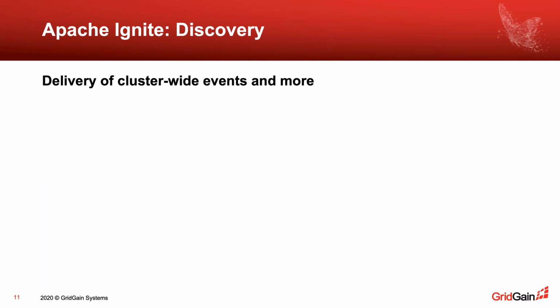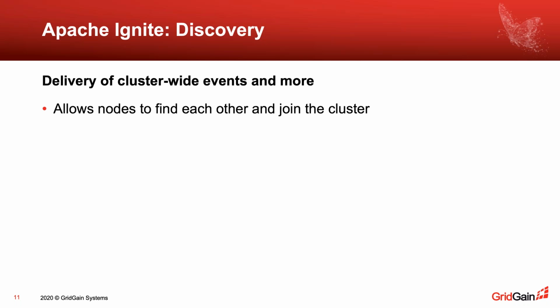And in Apache Ignite, there is a component that's called just like that, discovery. And discovery is the component that is used to, first of all, and we will get to that, deliver cluster-wide events and system events and many other functions.